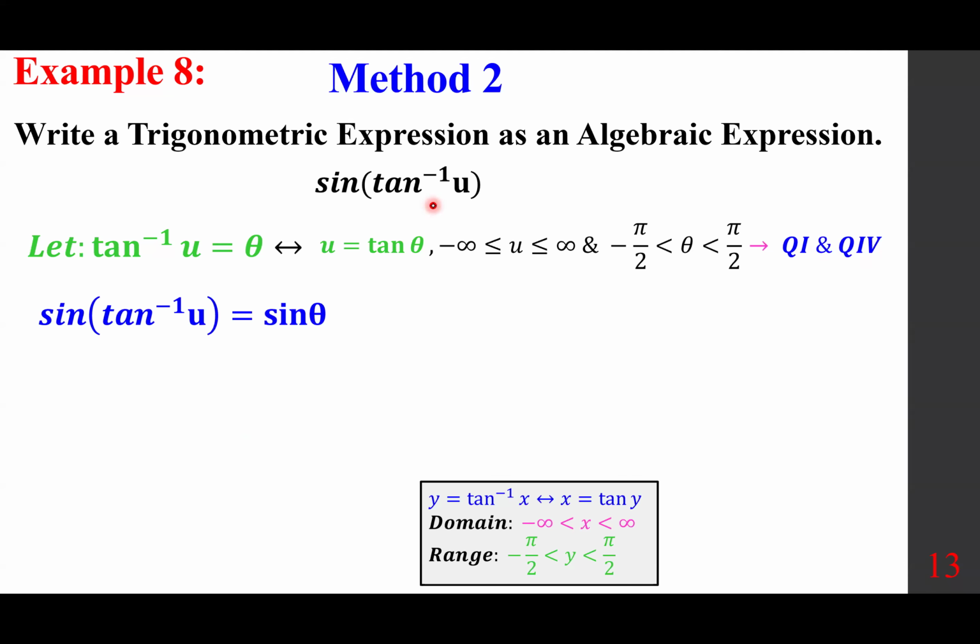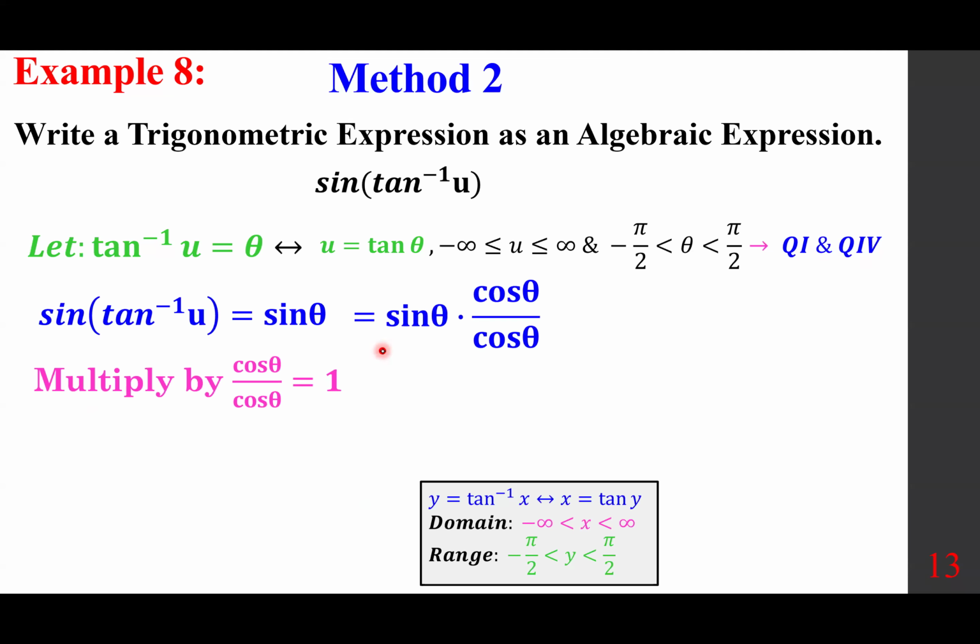So we can use the trick by multiplying the top and the bottom, the same thing, cosine in this case, because cosine theta over cosine theta is 1. We can do that. So if I move this underneath sine, it becomes tangent theta, okay? So if you move this here, you get tan theta times cosine theta.